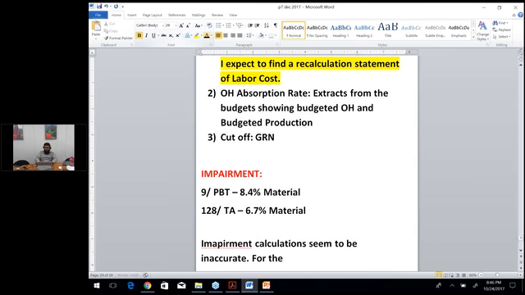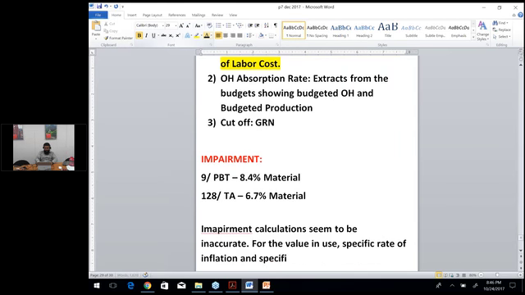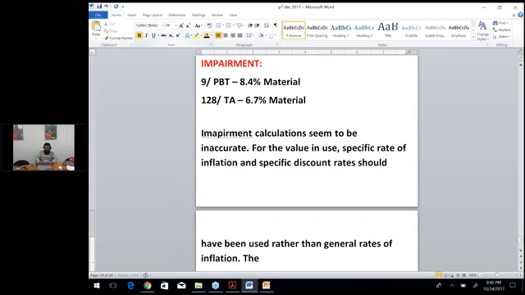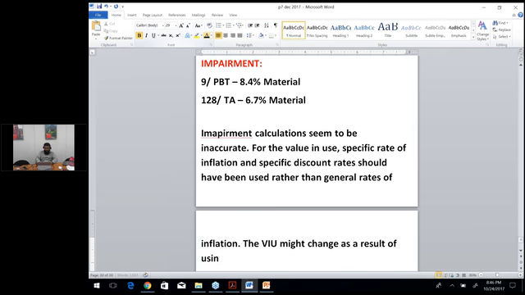For the value in use, a specific rate of inflation and specific discount rates should have been used rather than general rates of inflation. The value in use might change as a result of using the relevant rate.